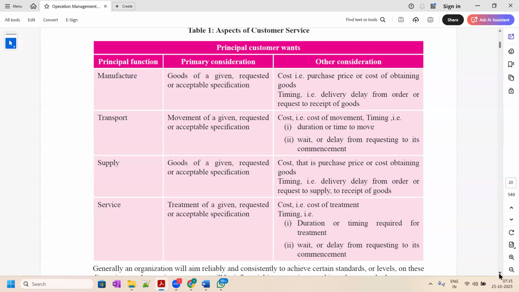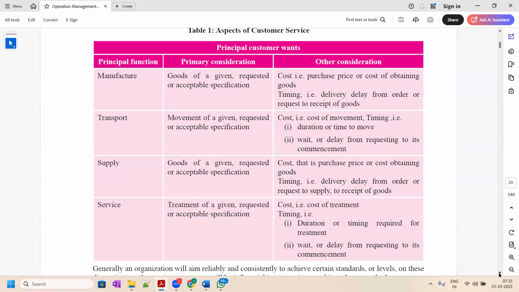So here the four parameters of customer service are given to us: manufacture, transport, supply, and services. Talking about manufacturing, we are focusing on the specification. There are a lot of standards, like the ISO 9000 standard or the FSSAI standard.